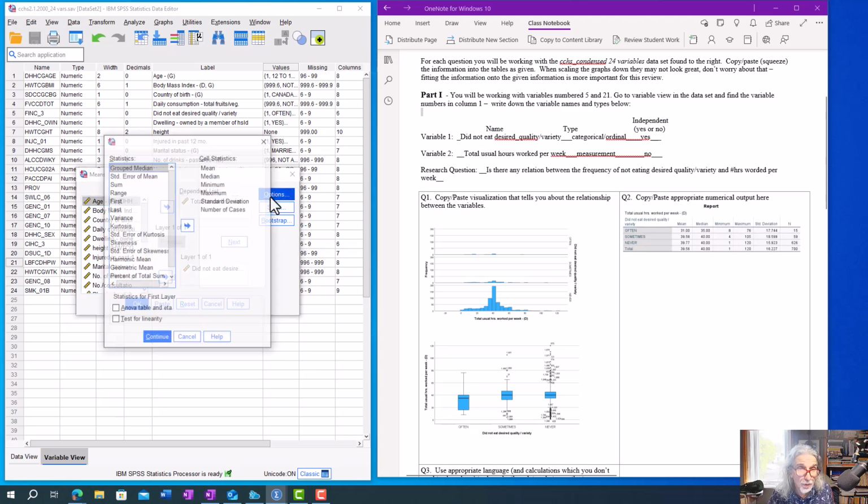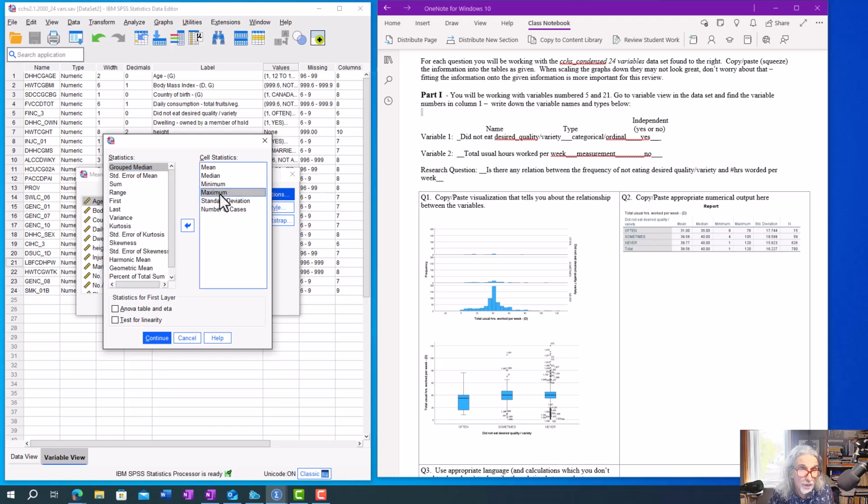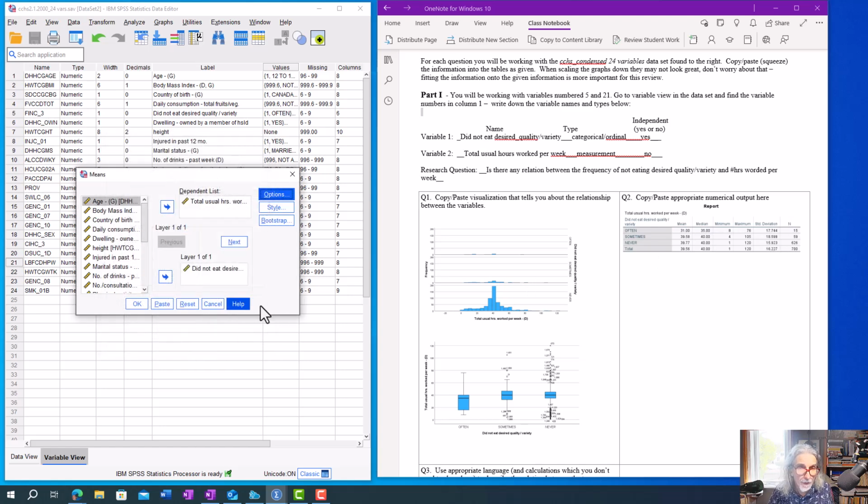Now, in here I chose options, so this is where you can move these around to make them in the order you like. You can add stuff, you can take stuff out if you like. For some of you, in your comments, you only put the mean, standard deviation, and n. So I added a few more and shuffled things around here.